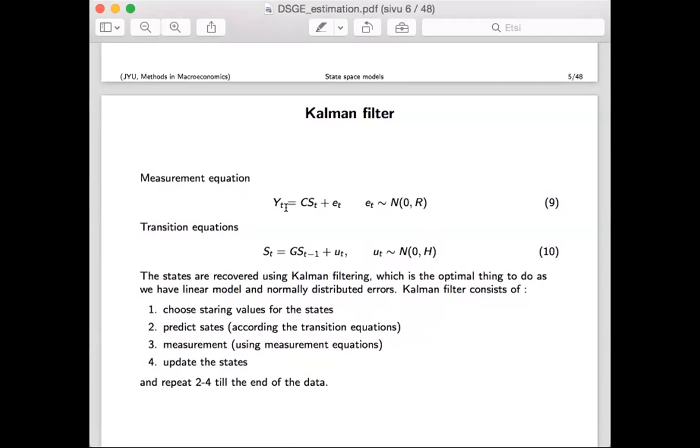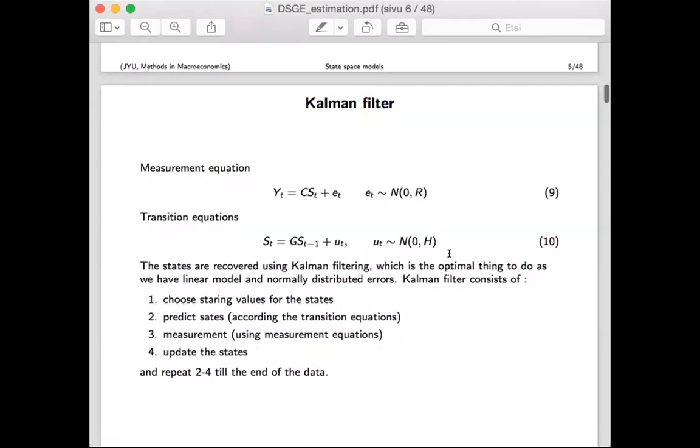And now we will use a Kalman filter to recover the unobserved components, the states. We do it so that we have to choose some starting values for the first period for these states. Then we use this transition equation to forecast next period states.